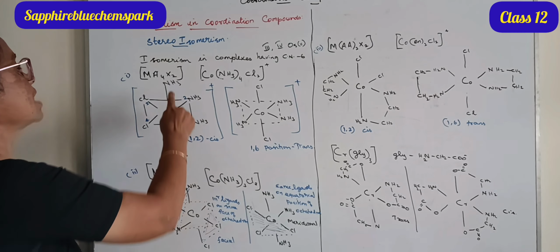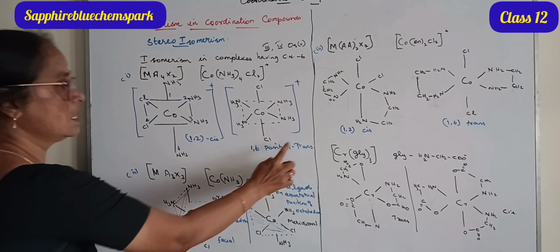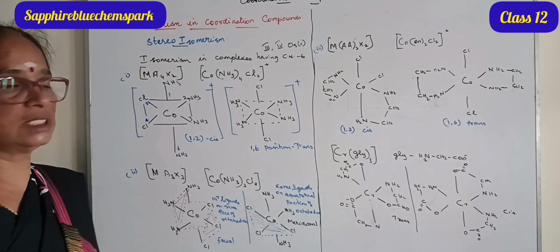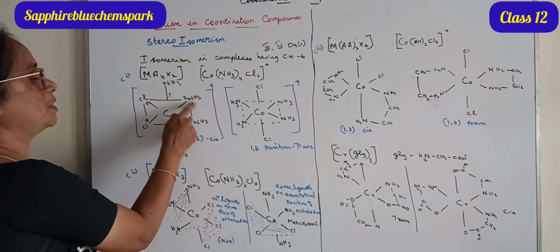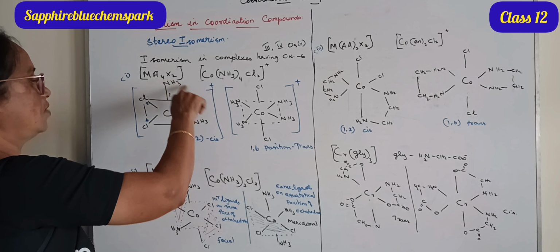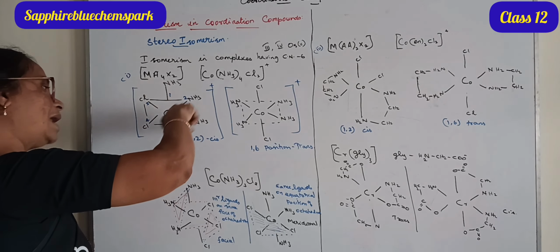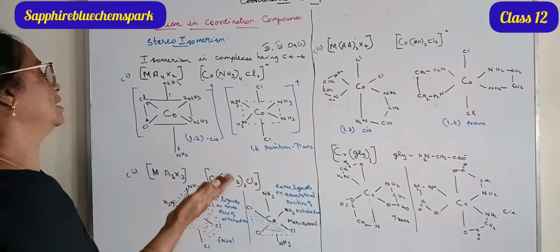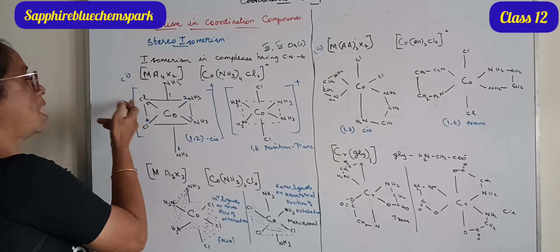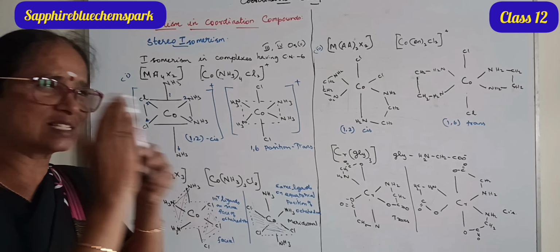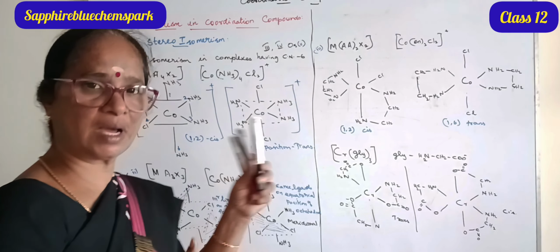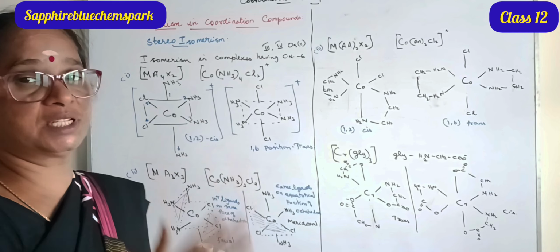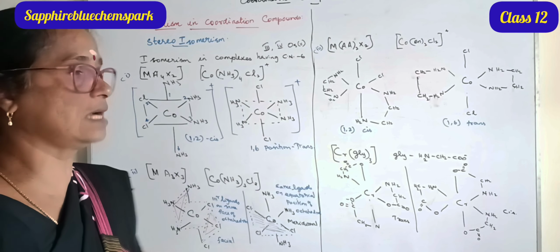If the ligands are in 1,6 positions, that is said to be trans position. If the ligands are present in 1,2 positions, you can give numbering this way or anticlockwise; in any direction you will get 1,2 position. So observe the 1,2 position for the cis isomer and the 1,6 position for the trans isomer.